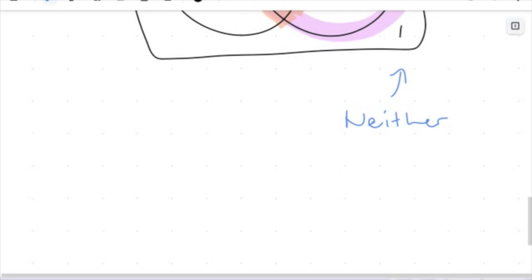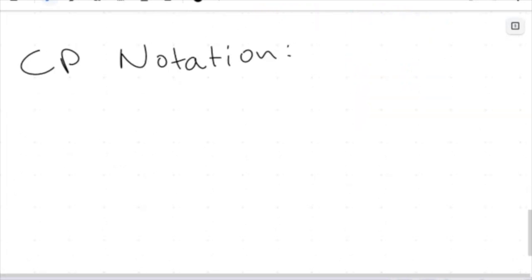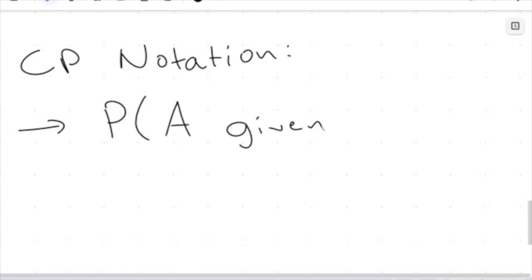So anytime we write conditional probabilities, let's call this conditional probability notation. I'm going to write this thing. So the probability of an event A given an event B, that's the type of thing we've been looking at so far.